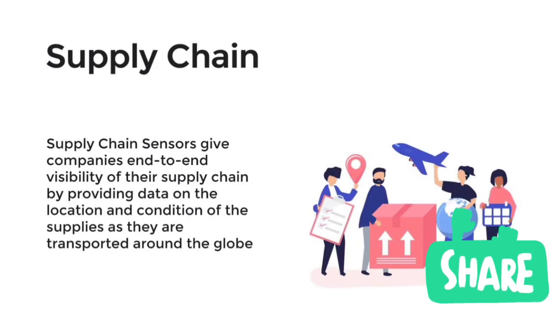Supply chain. Supply chain sensors give companies end-to-end visibility of their supply chain by providing data on the location and condition of the supply as it is transported around the globe. As of 2016, Deloitte surveyed 99 leading supply chain companies and found that sensors were used by 44% of these respondents. 87% of these industries said they plan to use the technology by 2020.